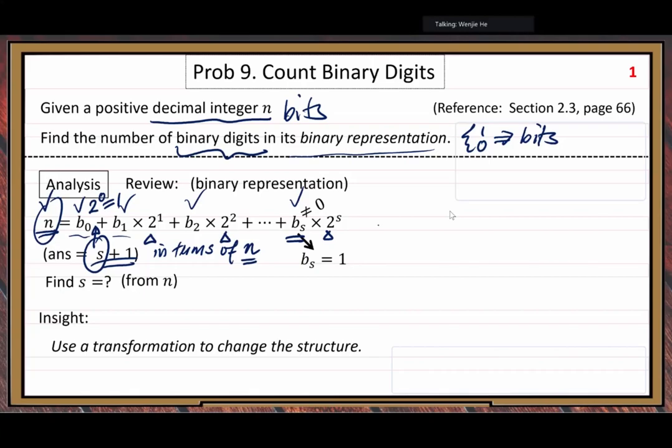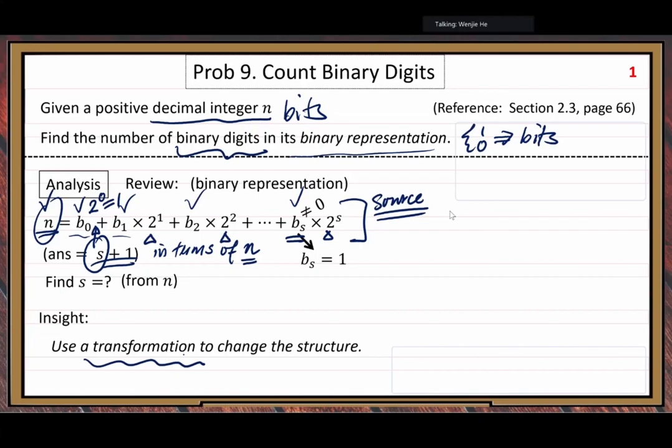Because this formula is our main formula to work with, our valuable source, we can do our work on it. So we are going to do a transformation. We manipulate this formula.